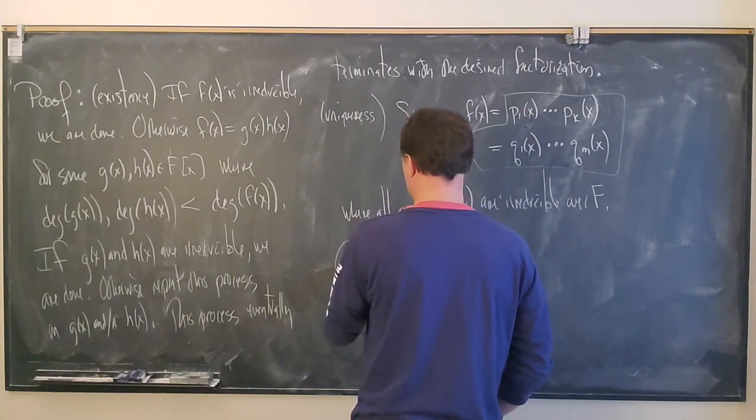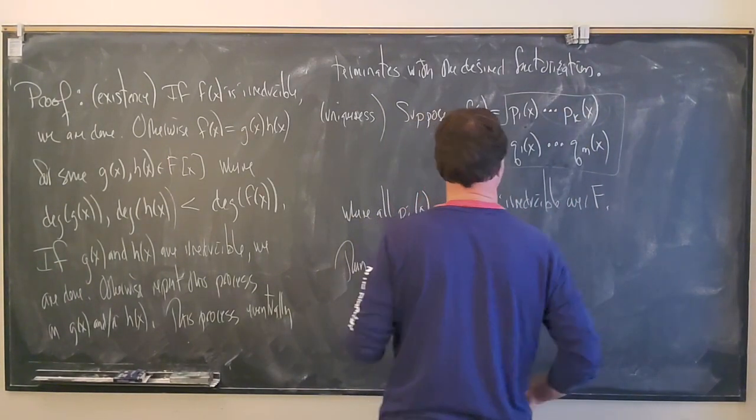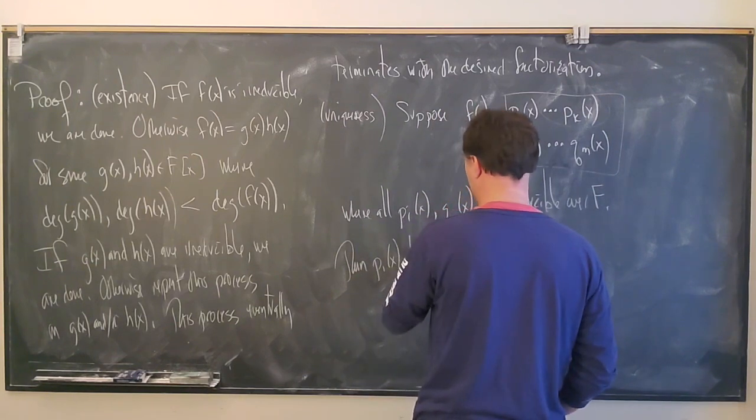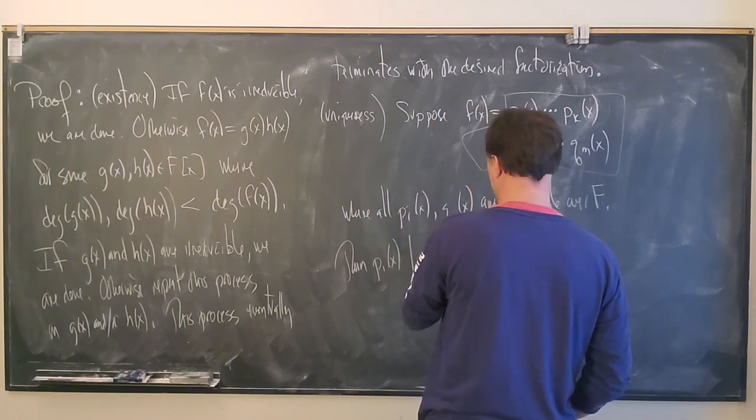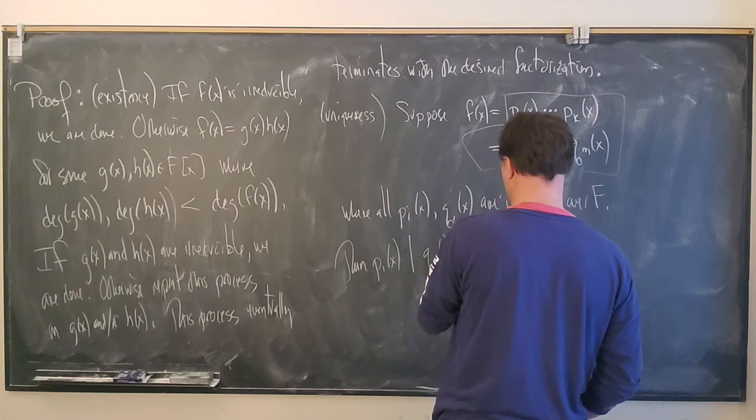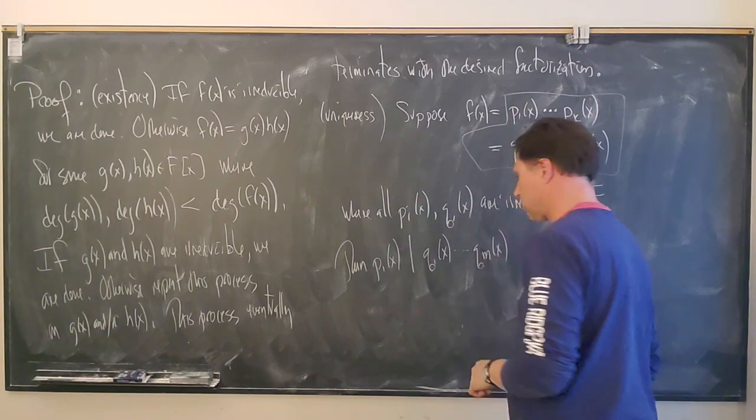So then p1 of x divides q1 of x dot dot dot q m of x.